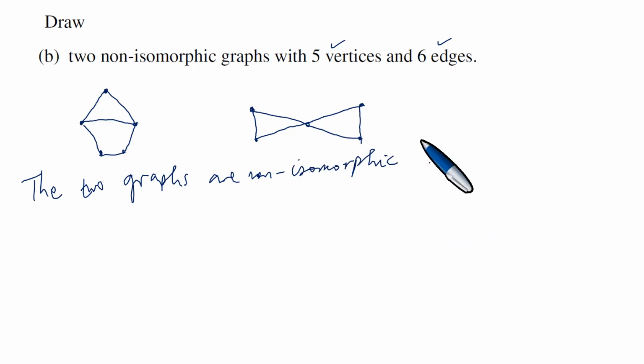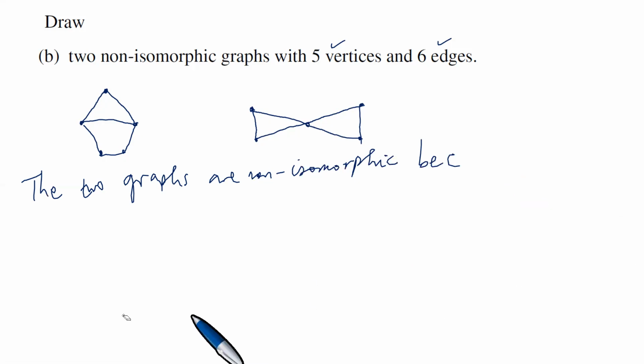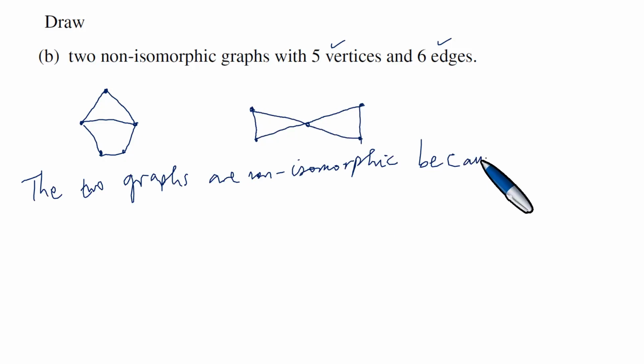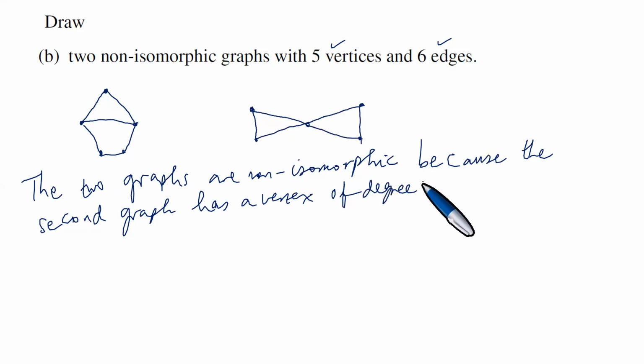Why? They are non-isomorphic because the second graph has a vertex of degree 4.